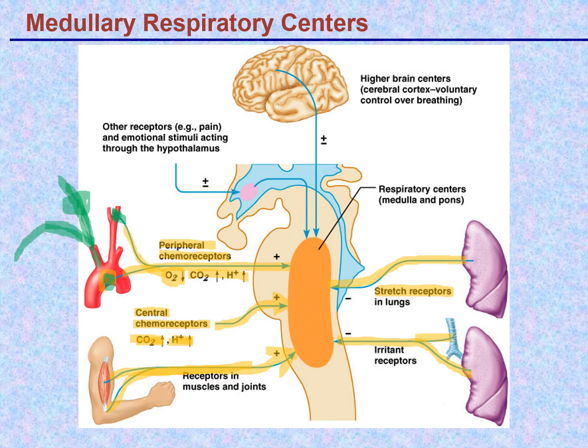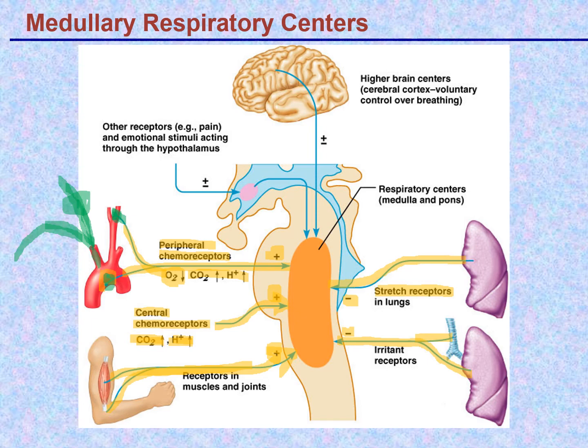These are all sensory information coming into the respiratory centers that trigger positive increases in rate and depth of breathing. These ones, the stretch receptor information, the irritant, will decrease rate and depth of breathing. There are other kinds of signals higher up in the brain that can have an effect on the respiratory centers.